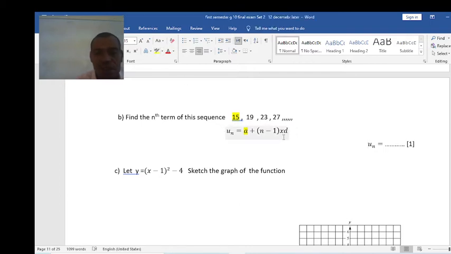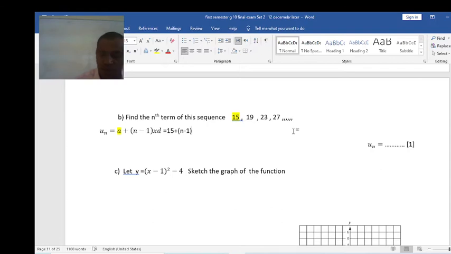Then the common difference d, I will just subtract two consecutive terms, meaning d is 19 minus 15, which is 4. So this one equals, a we told is 15, plus n minus 1 multiplied by 4.